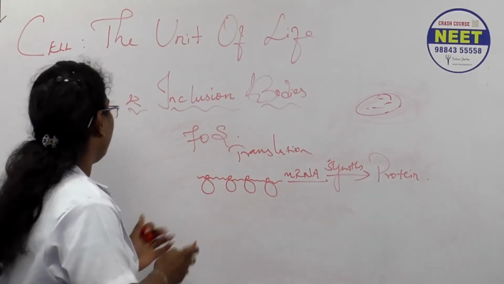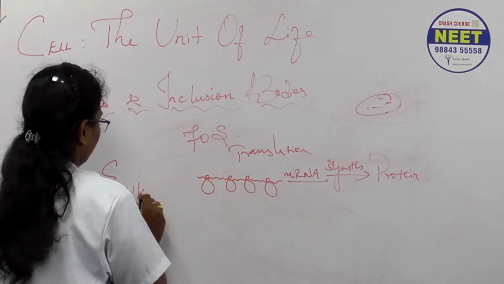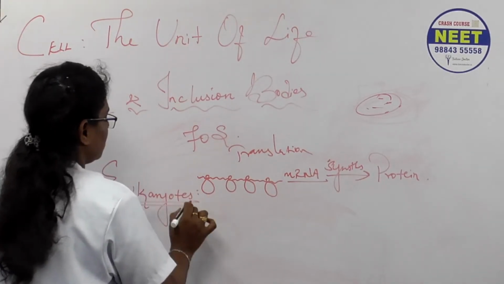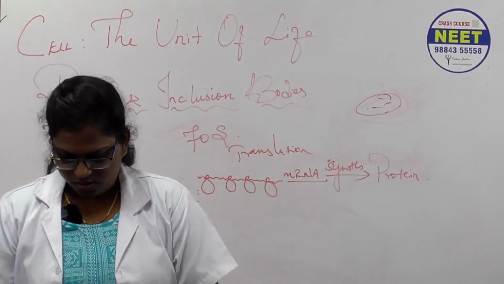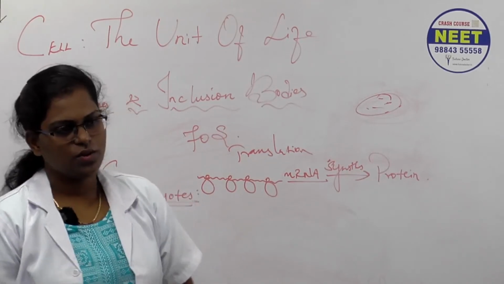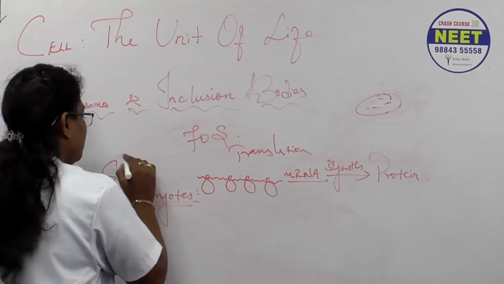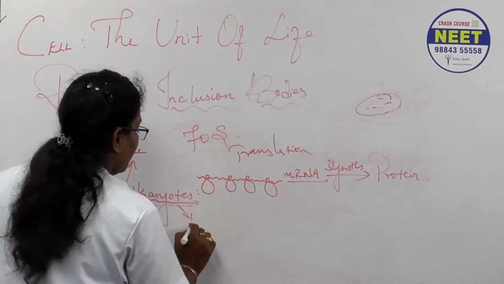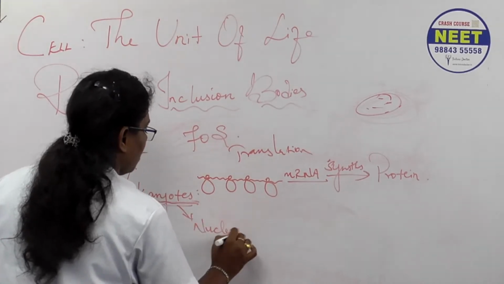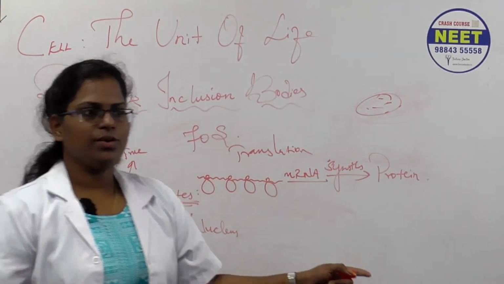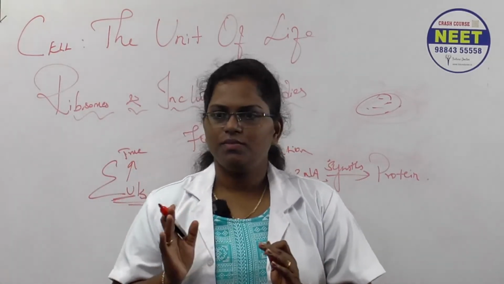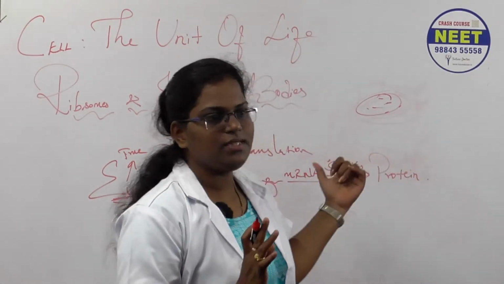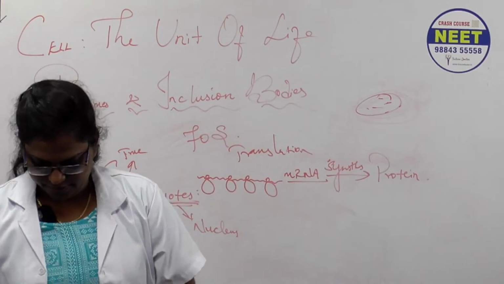What are eukaryotes? Eu means true and karyotes means nucleus. So eukaryote means true nucleus. The nucleus is present in the eukaryotic cell, whereas it is absent in prokaryotic cells.